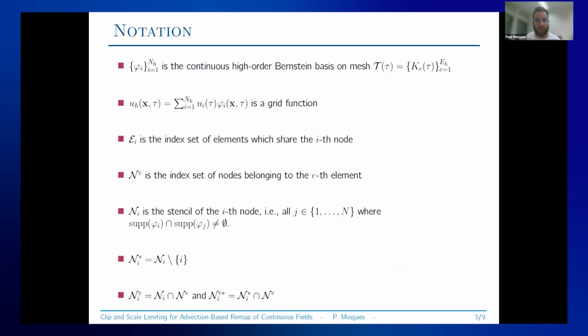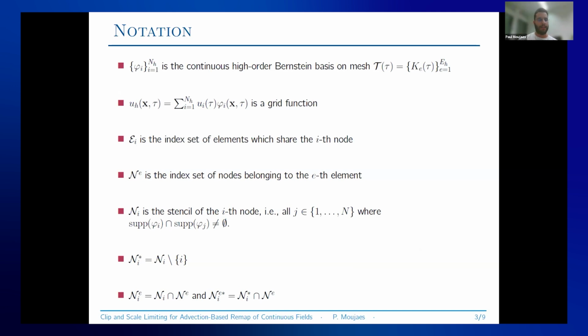Before we go into more detail, let's look at some notation. The first two are pretty standard. We have basis functions. We use continuous high order Bernstein polynomials on a moving mesh. The second one is a grid function, as we all know it. And then we have some index sets. The first index set, E_i, is the elements which share the ith node.